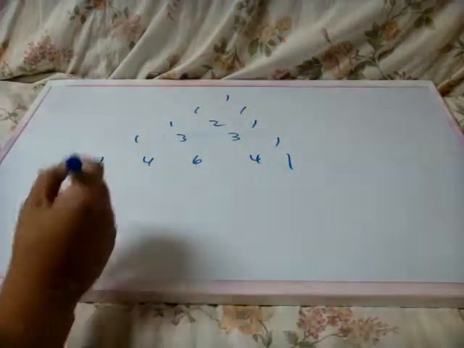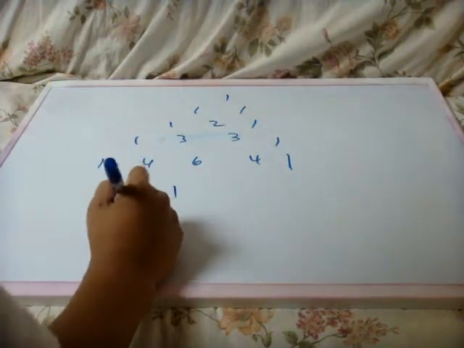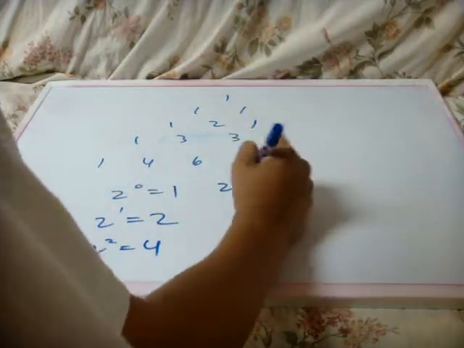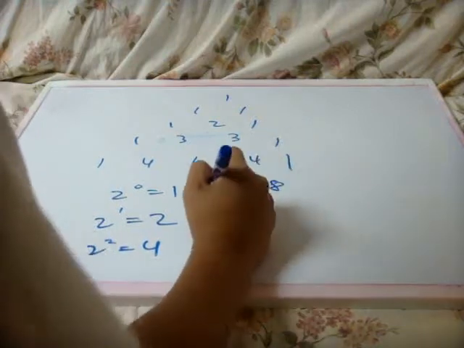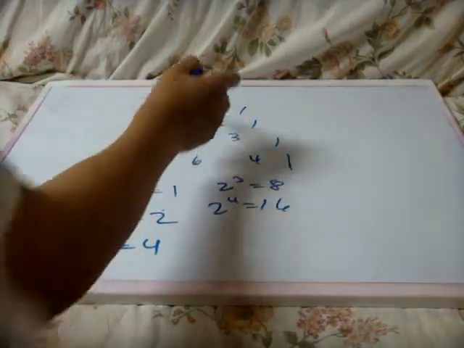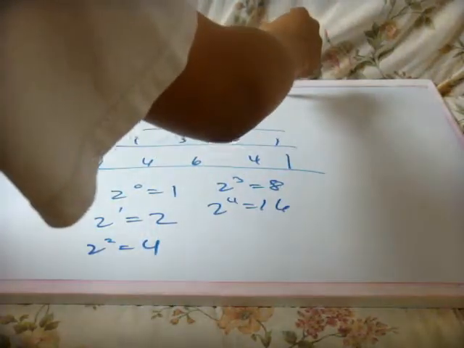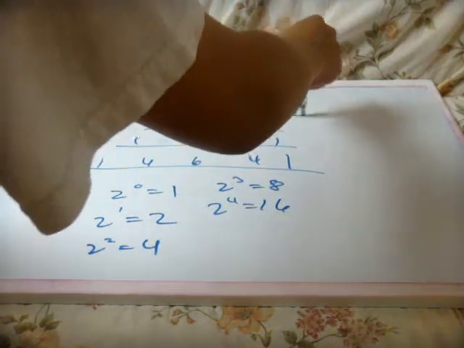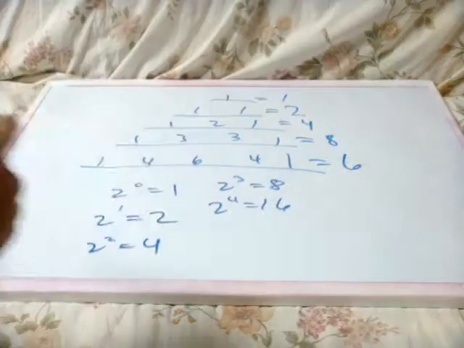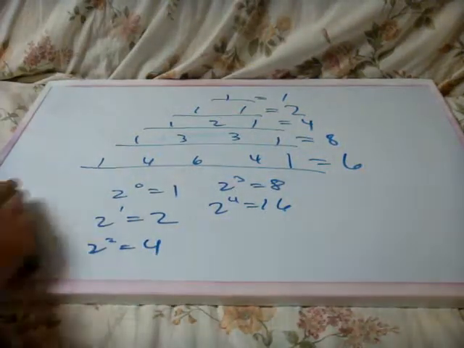You'll know that 2 to the power of 0 is 1, 2 to the power of 1 is 2, 2 squared is 4, 2 to the power of 3 is 8, and 2 to the power of 4 is equal to 16. If you add these row by row, you do get 1, 2, 4, 8, and 16. So that's a really cool way to find powers of 2.